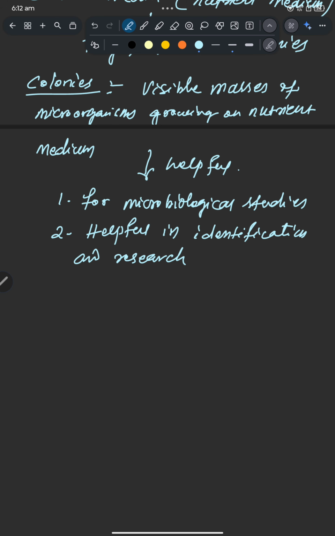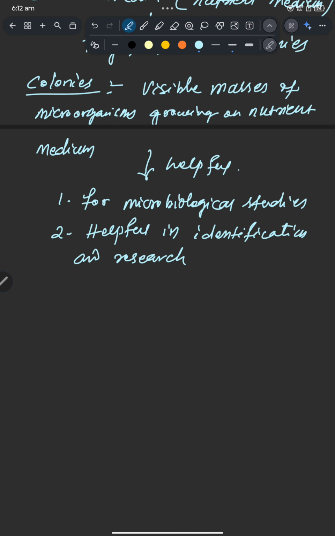That means the first one is microbiological studies. You cannot study the microbes under microscope always. Suppose that you want to study the behavior of the microorganism, its structure, then you have to grow them in the culture, and after getting the colonies only you can observe their behavior. So that is the microbiological studies.